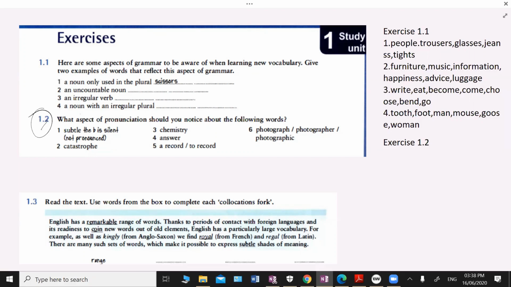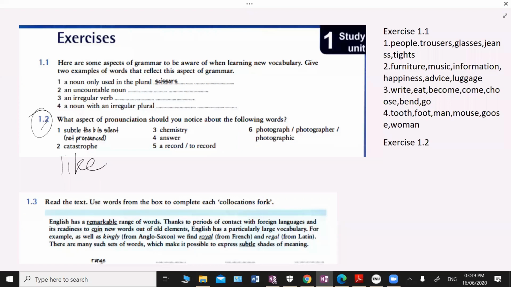For example, I say the word like, L-I-K-E, and the last letter is E, and in catastrophe we also have the last letter E. What do you notice in these 2 examples?